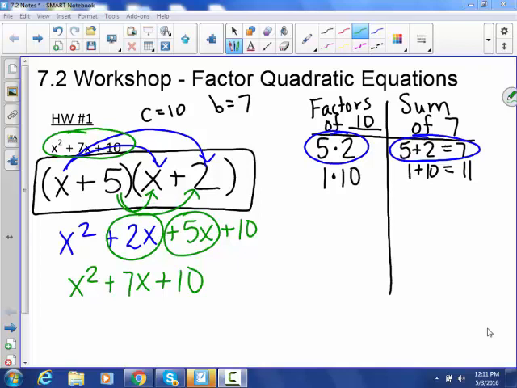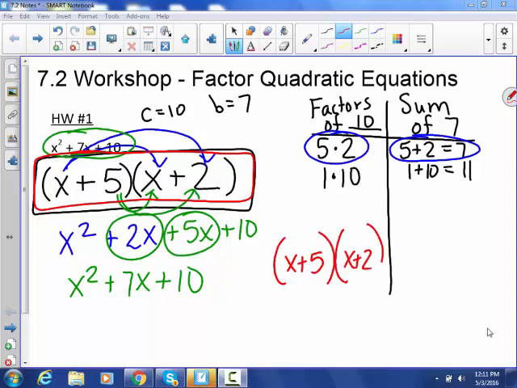All right, so let's keep going with some more examples here. But the answer that you would put in MyMathLab is this right here, all of this. You would put in parentheses x plus 5, close parentheses, another parentheses, x plus 2. That is the factored form of that quadratic.